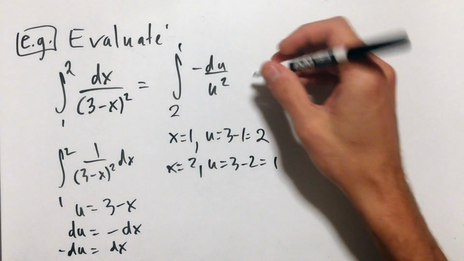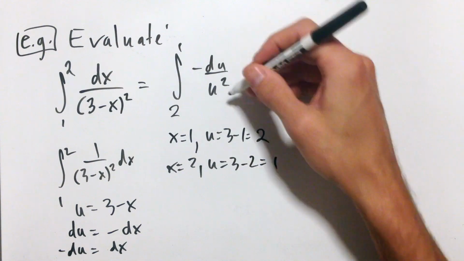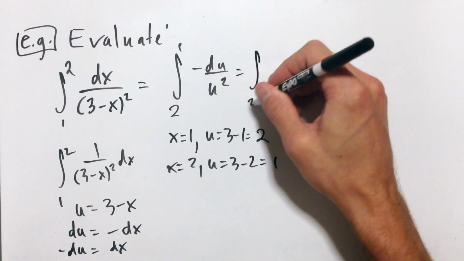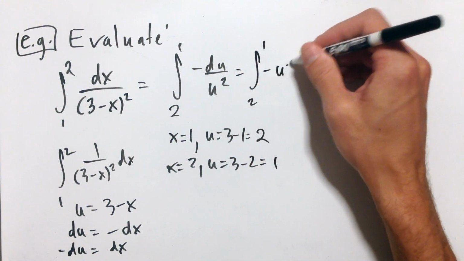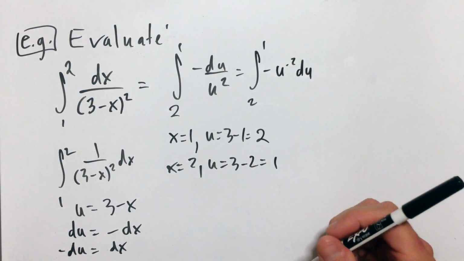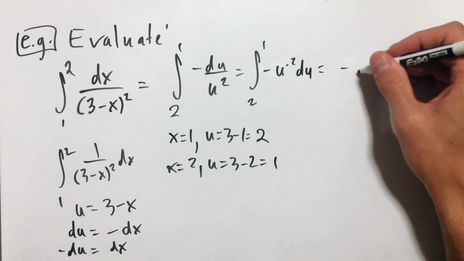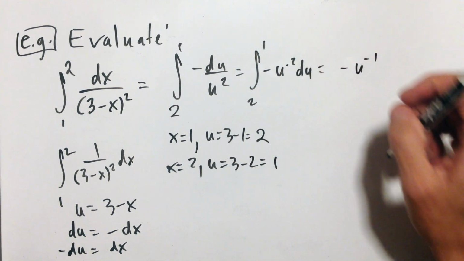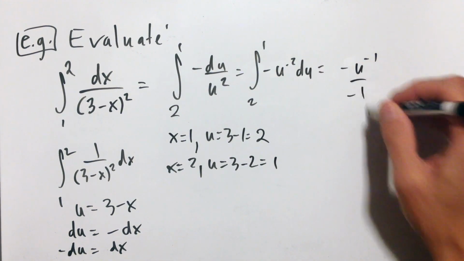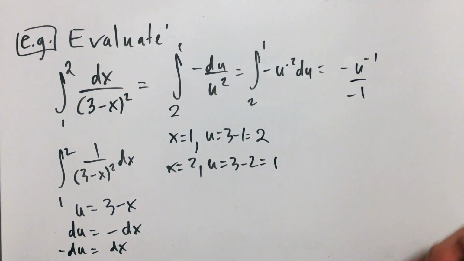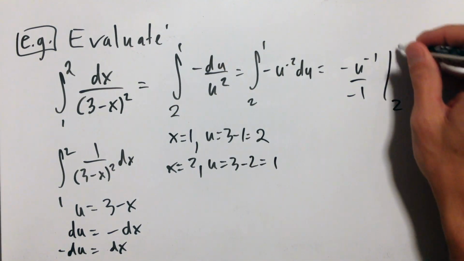Fantastic. Now I can go ahead and start to try to integrate this. Negative du over u squared, the best way to try to integrate this is to rewrite this as negative u to the minus 2 du, just putting this power in the numerator. And the antiderivative of u to the minus 2 is I add 1 to negative 2 to get negative 1, divide by the new power, which is negative 1. And then this is being evaluated from 2 to 1.